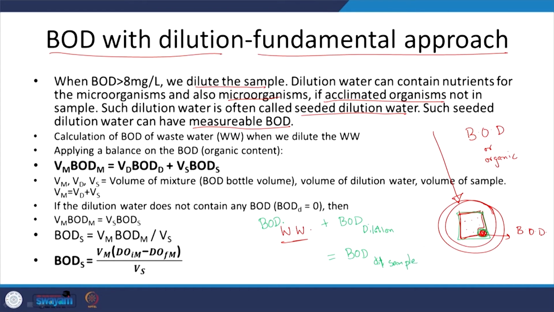So, more or less that is the mass balance here. This is a batch reactor, we are assuming there is no mass coming in and going out. So, it makes our job easier.